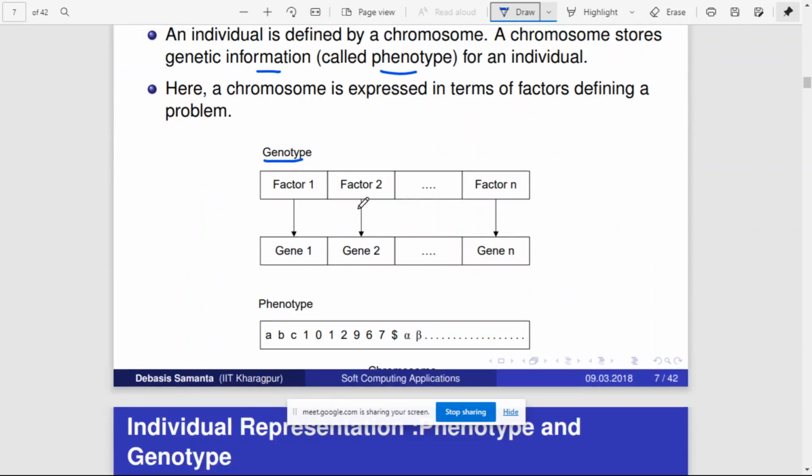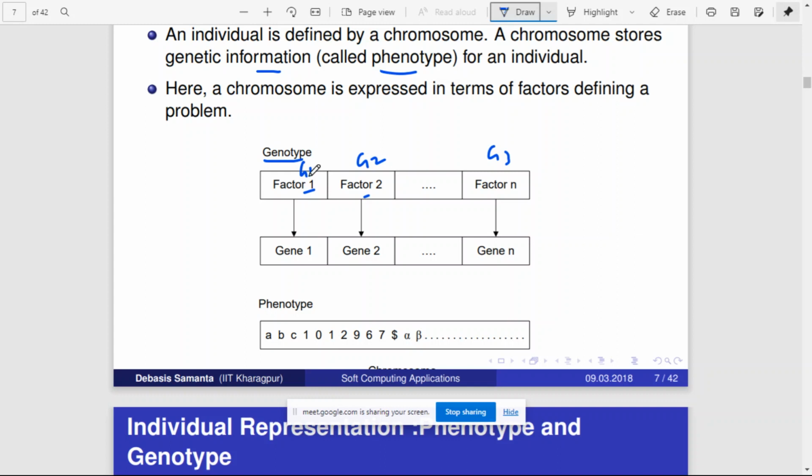Say for example, a genotype is represented something like this: factor 1, factor 2, up to factor n. These factors may be some variables in our case. That is, a chromosome is represented by these different genes. You can call this gene 1, gene 2, gene 3, but exactly what each gene is, we don't know. In that case we call it genotype.